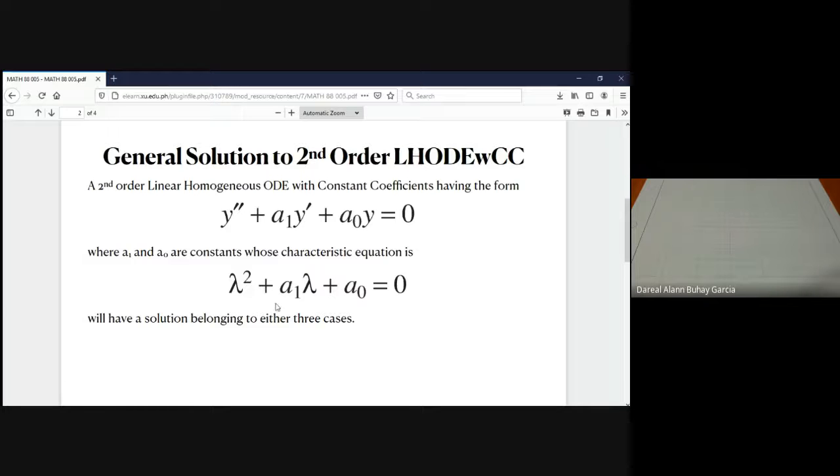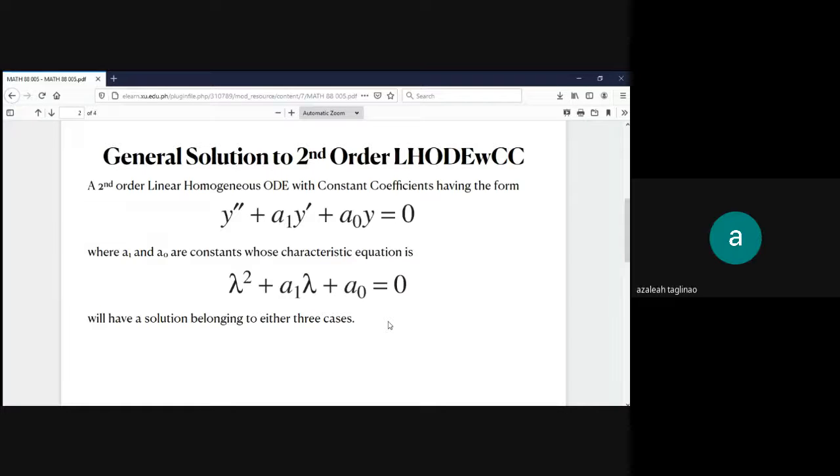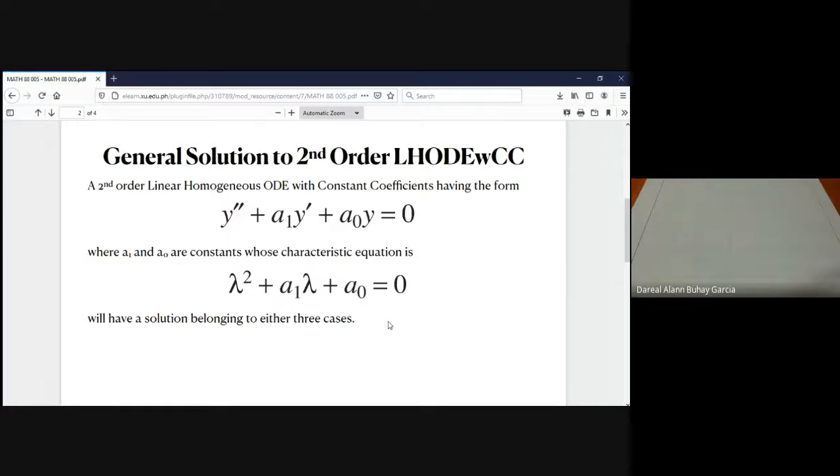Okay, lambda squared plus a sub 1 times lambda plus a sub 0 is equal to 0. Now, sa algebra, unsa ning equation? What kind of equation is this second equation? Quadratic, sir. Okay, very good, quadratic.